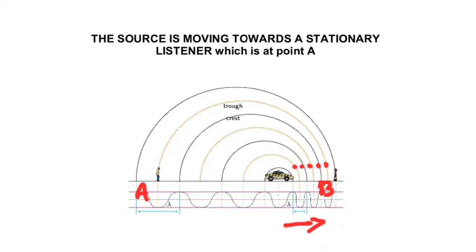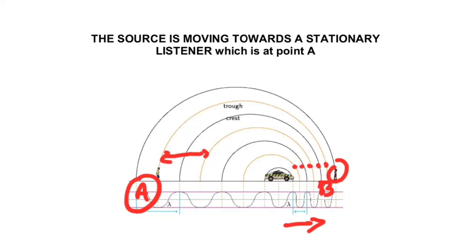So clearly from this sketch, you can see that if a source is moving towards a stationary observer, your friend at point B, the friend is going to observe a higher frequency compared to the one that is emitted at the source. And you, on the other hand, at point A, if there's a source that is moving away from you, then you're going to experience a lower frequency because the distance between two successive troughs is increasing.